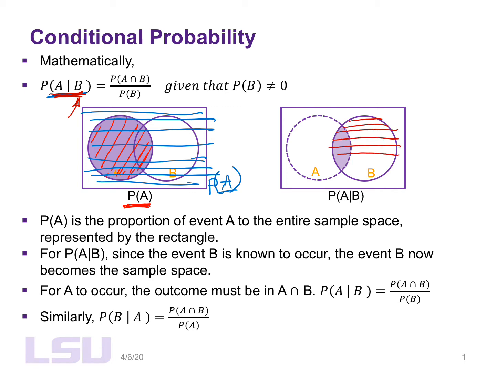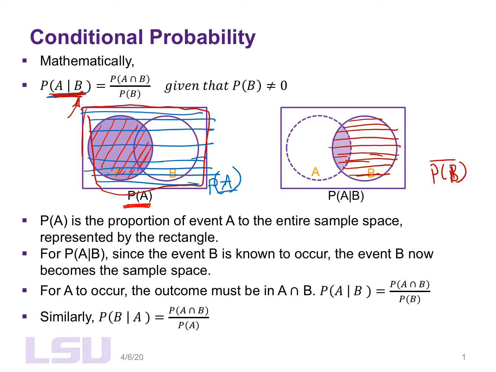So if you are given B, it means your sample space, which used to be the entire rectangle, right? This entire rectangle shrinks to the B shaded area. So that's what you're going to divide by now. You're going to be dividing by B and not the entire sample space. But what are you looking for?